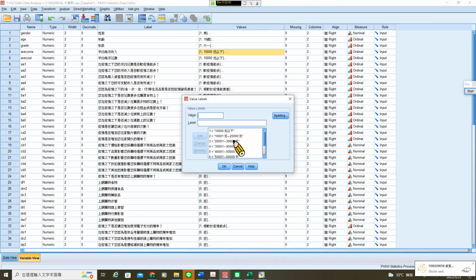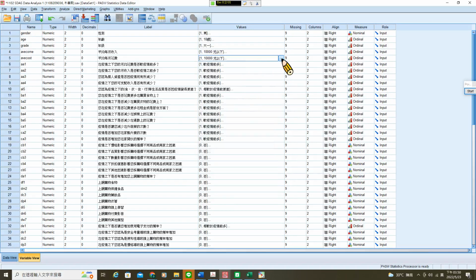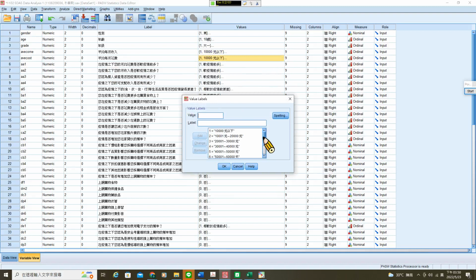So the range varies from 1 to 9. So now the value is 8. So one of the respondents chose 8. So what would be the predicted value for him or for her to choose for the average monthly spending from here to here? The answer is here, around 4, right?